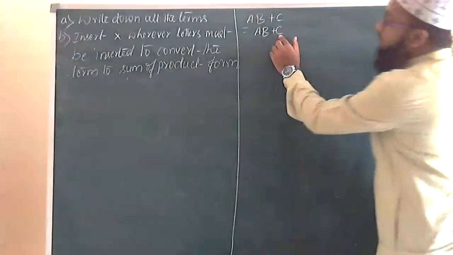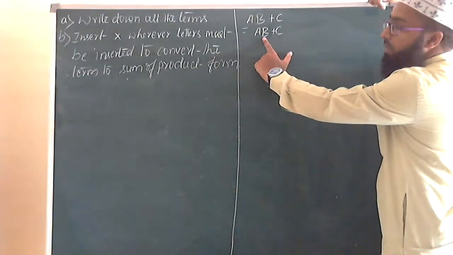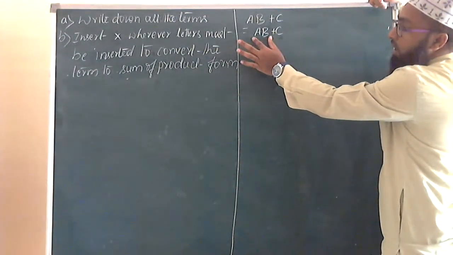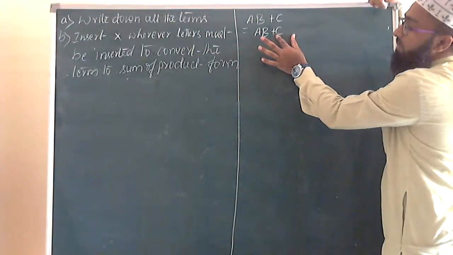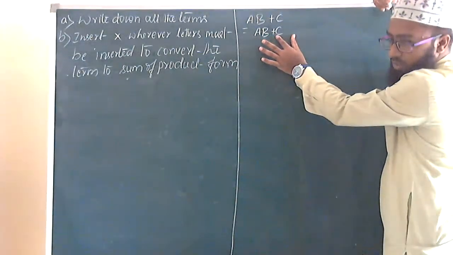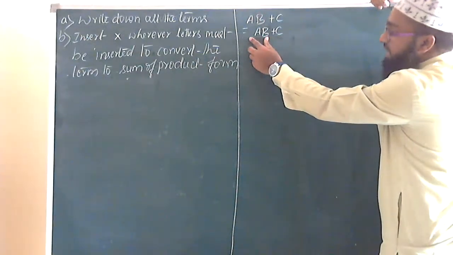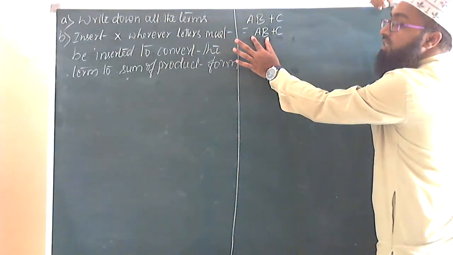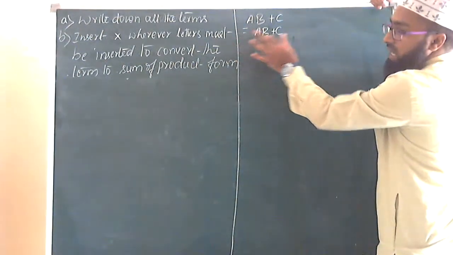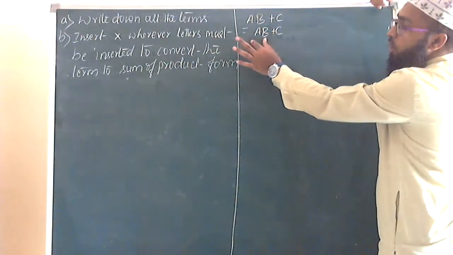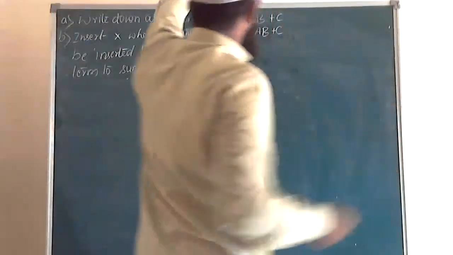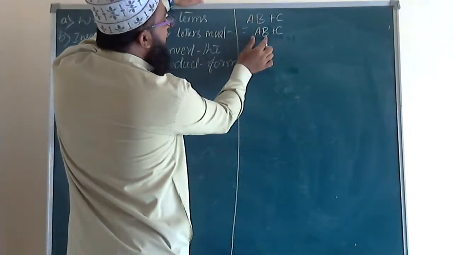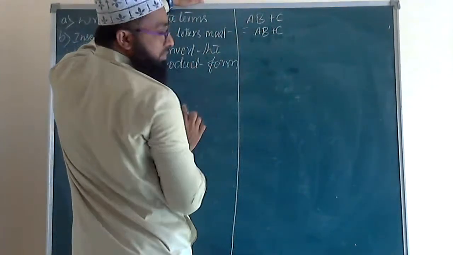Here three variables are there, but every term has different variables. The condition here is that every term must contain all the same variables. So three variables A, B, and C are there, so we have to make each term a three variable term.